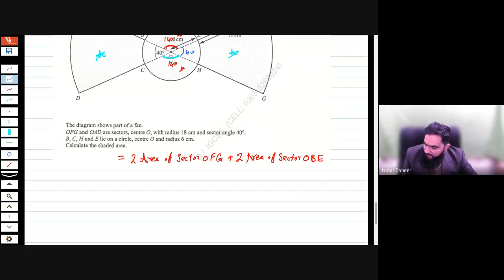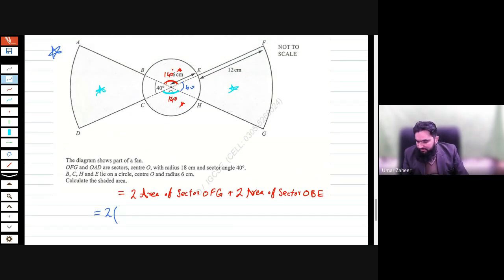All right. So 2 multiplied by the area of a sector, which is going to be OFG, the bigger one. So angle divided by 360 multiplied by pi r square. What is the radius of the bigger sector?